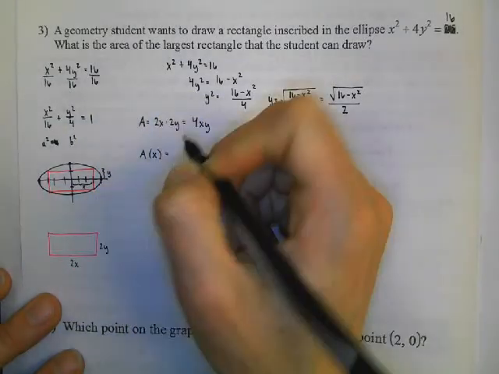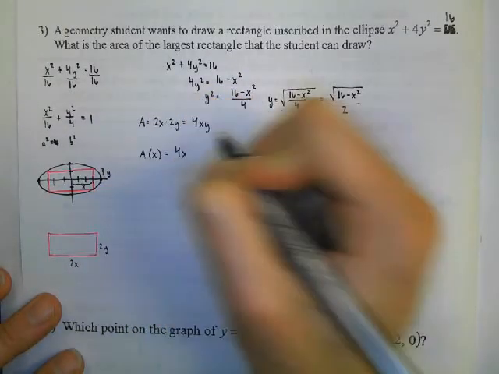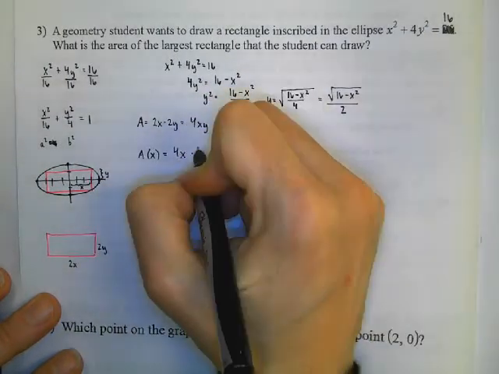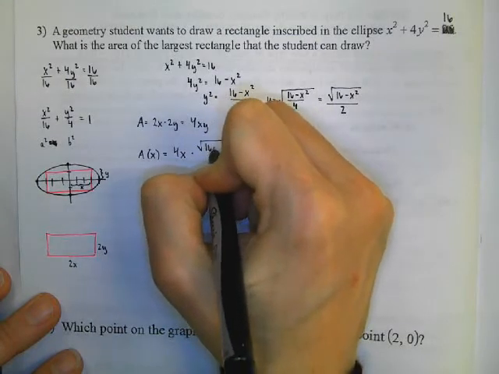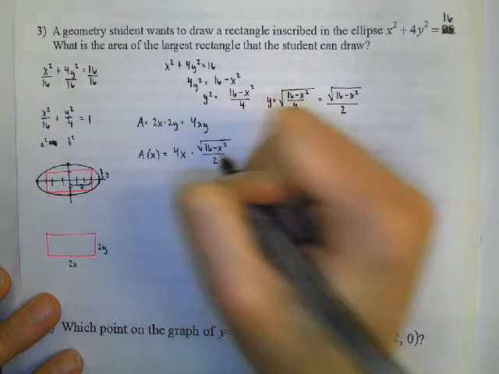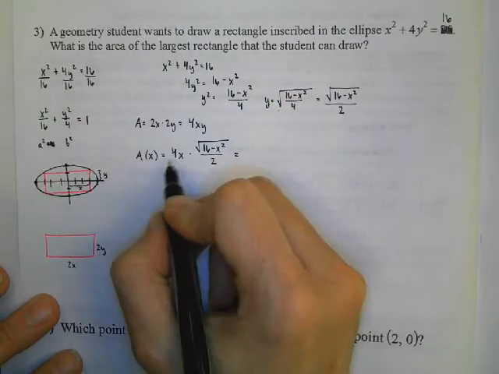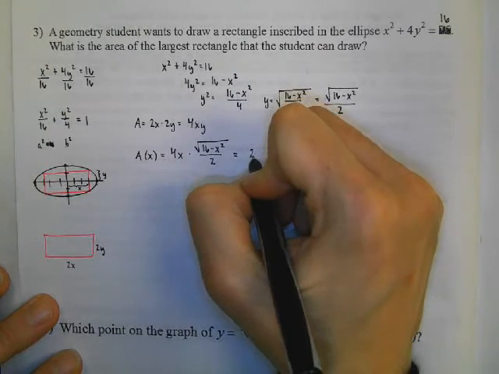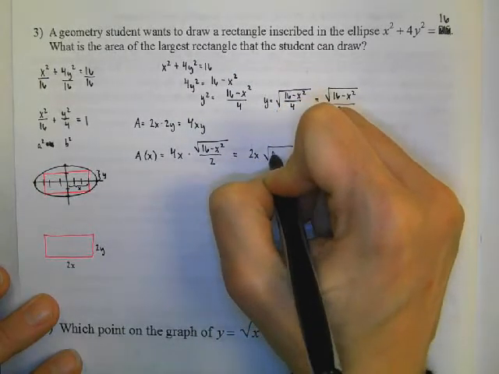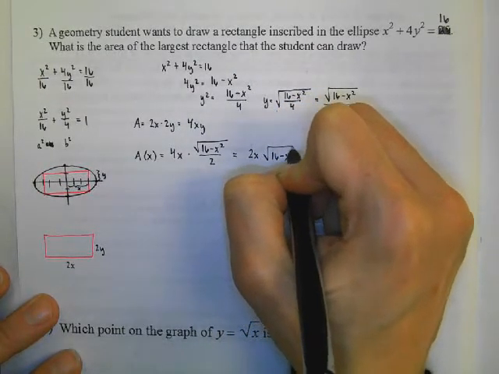So area in terms of x is 4 times x times the square root of 16 minus x squared over 2. I'm going to do some quick simplification here. That 4 divided by 2, I have 2x times the square root of 16 minus x squared.